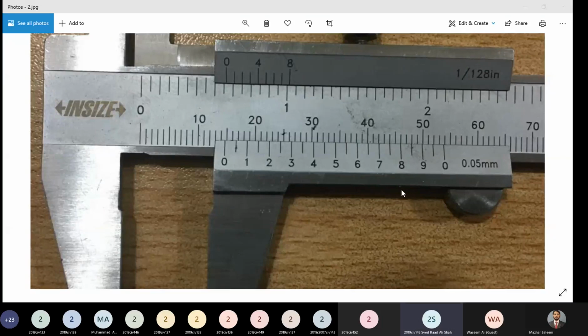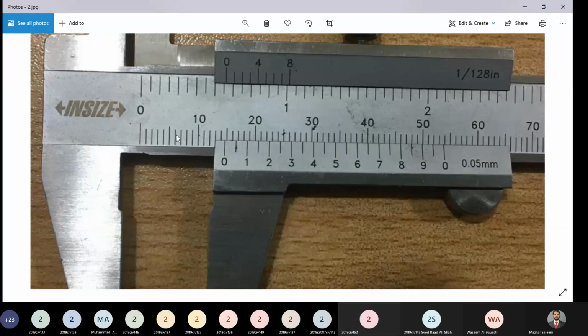Okay, that is great. Yes, Usman, please go ahead. Sir, please tell me about the main scale reading, how did we take 14? Look at the vernier scale 0. How many divisions of the main scale are present prior to the 0 of the vernier scale? Read the main scale. 1, 2, 3, 4, 5.